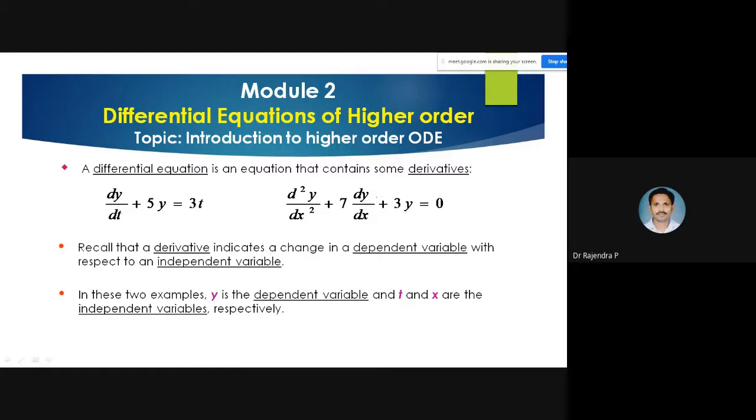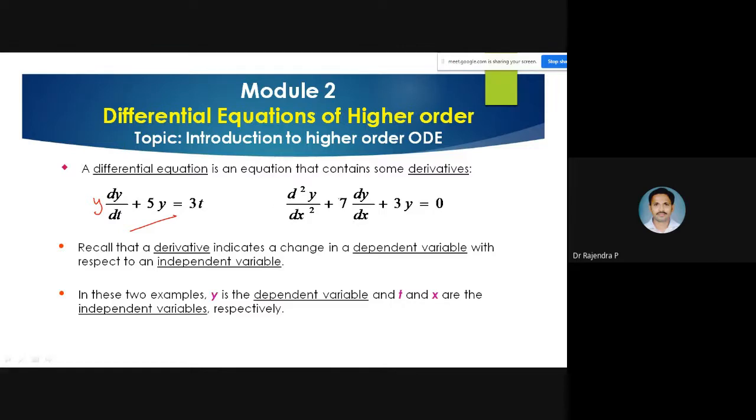And one more condition here: the derivatives should not be multiplied with the dependent variable. Suppose dy by dt is there. If it is multiplied with the dependent variable y, or y square, or y power 10, then it becomes a non-linear differential equation. In this case also, the same thing.